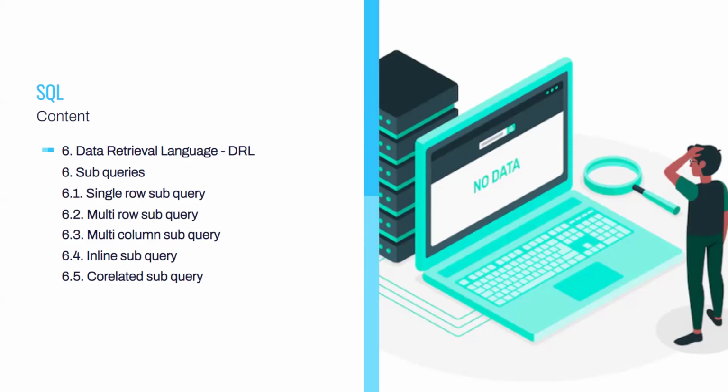Here we have two requirements. First, we have to find the maximum salary of department number 10. Once we get that, with its help we can get the details of employees who have a higher salary than department number 10's maximum salary.